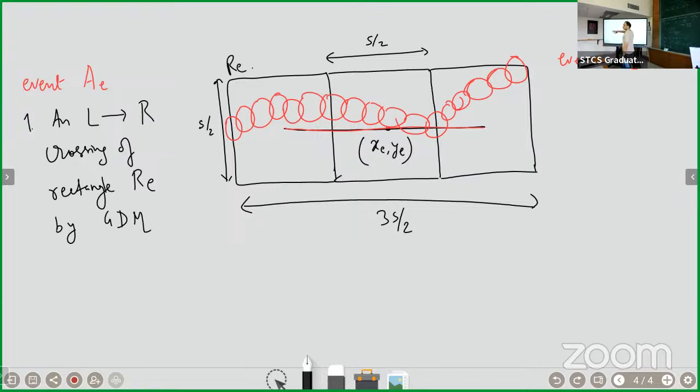Is it clear what it means? From left to right, I should have a connected path. Two, there should be two vertical crossings of this square and this square of the same inverse square. This is the horizontal crossing. Okay, so this vertical.